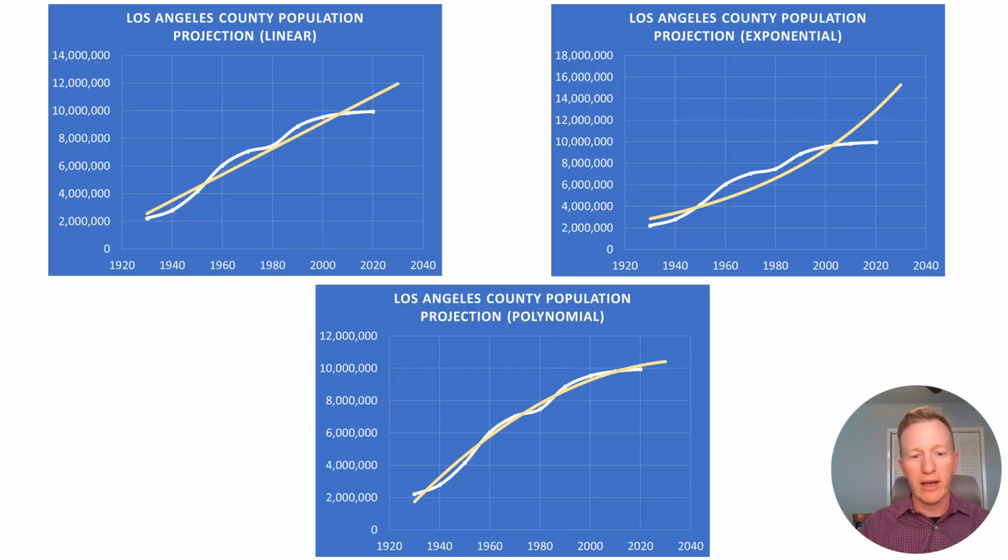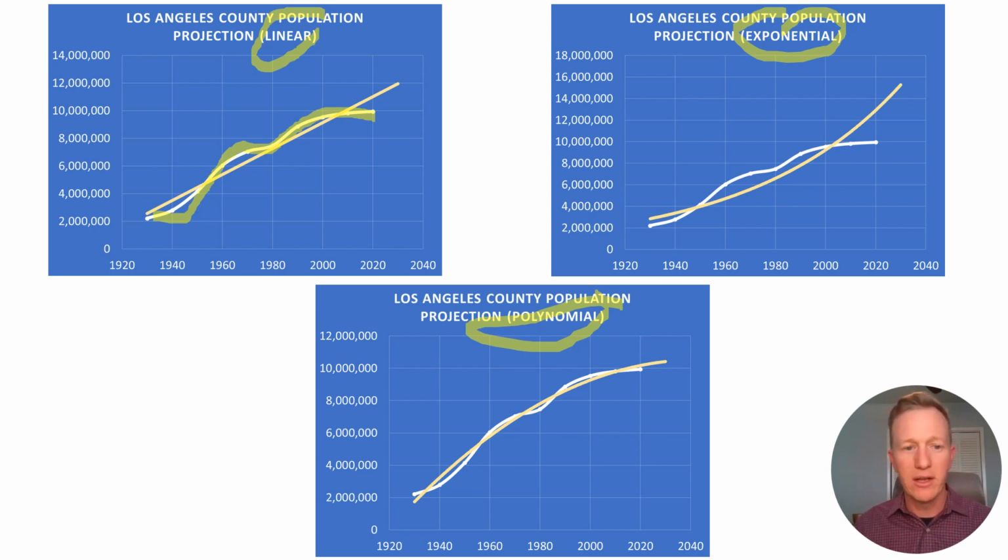So on this slide, we have a number of different ways of doing extrapolations. We have the linear approach, the exponential approach, and the polynomial approach. And so along the white line is the population of Los Angeles County from 1930 to 2020. Then we did some linear trend lines, and the linear one just shows that growth is going to remain constant.